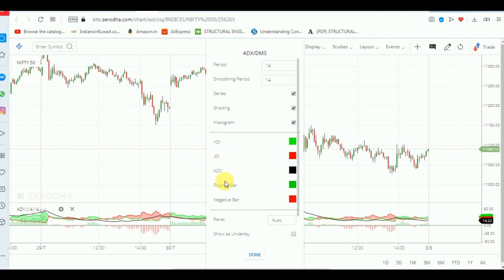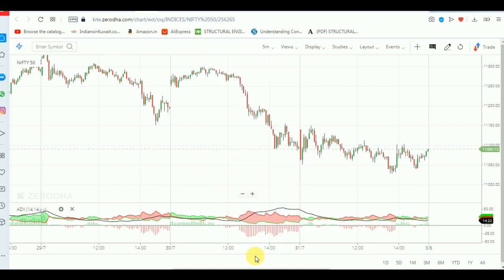Let us see in the indicator itself. And ADX, let us keep it black only. Positive bar and negative bar have been created for the histogram. All the positive bars will be in green and all the negative bars will be in red. This color comes with the preset, so let me keep it as it is, right? Then let me click this button, done, right?